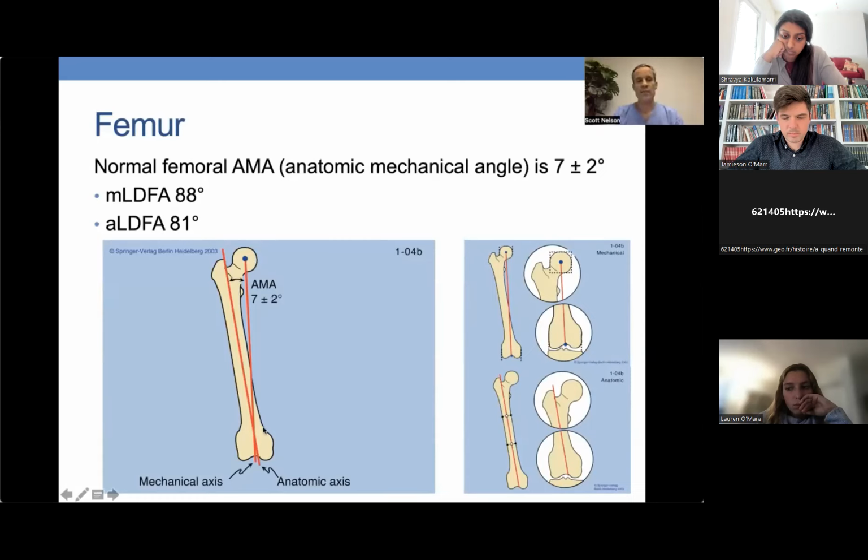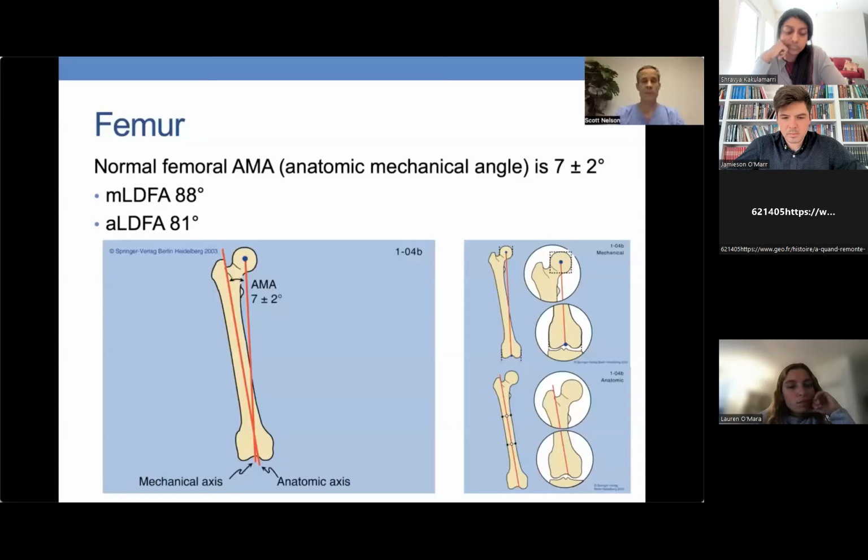In the femur, we also have the anatomic axis that we just talked about, and that is at a 7-degree angle from the mechanical axis. And so if we make an 88-degree angle with our joint down here, or the mechanical lateral distal femoral angle, you can subtract 7 degrees from that to get the anatomic lateral distal femoral angle of 81 degrees.